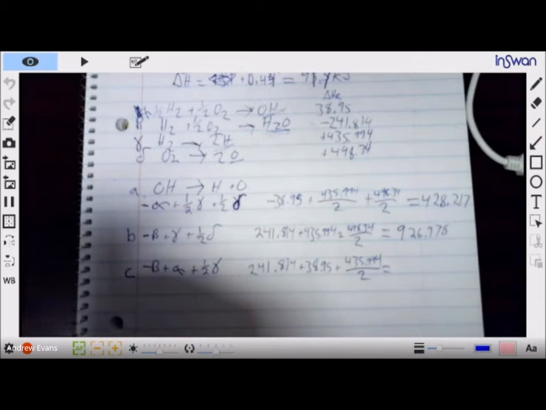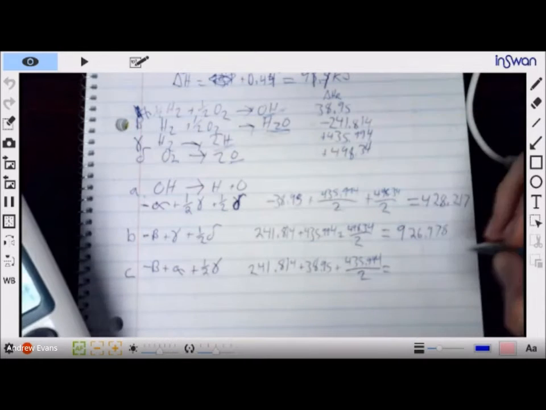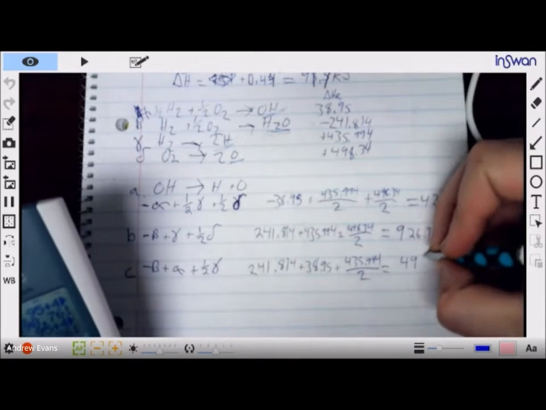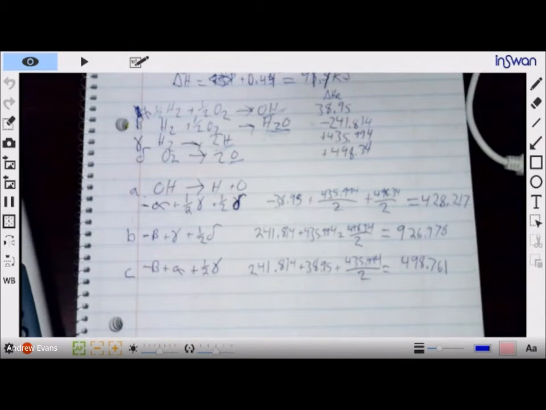I get 498.761. So all that is how we calculate delta H.